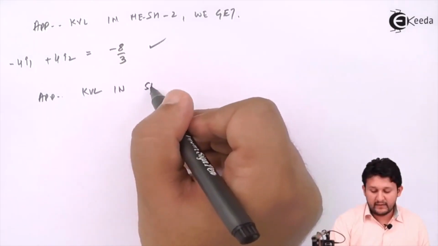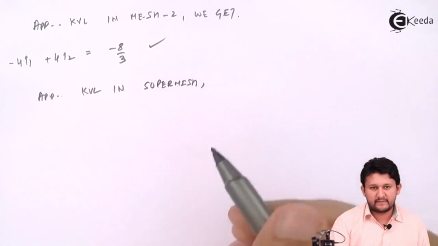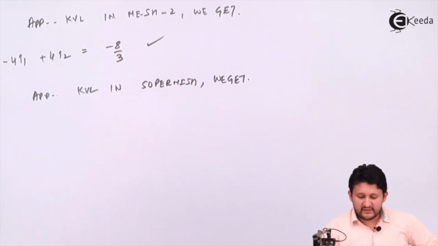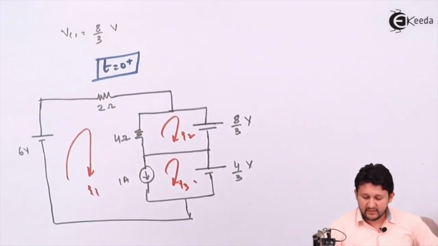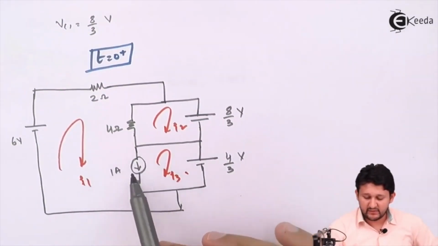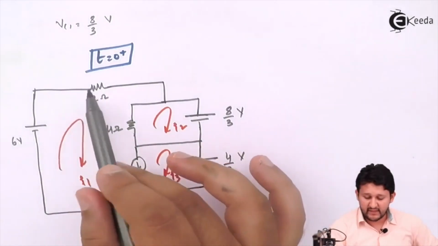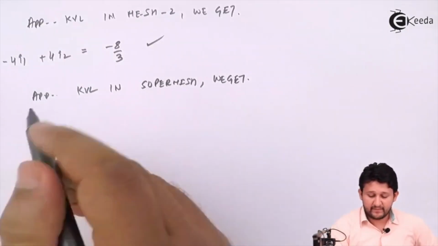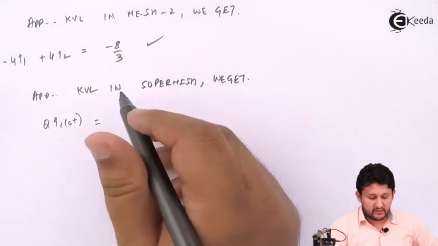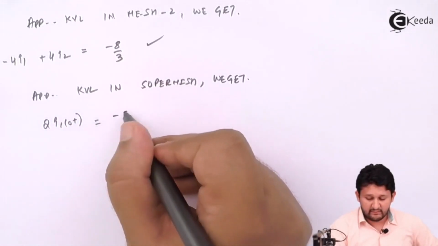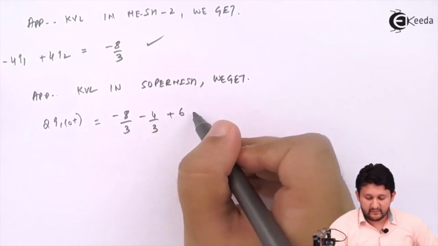Applying KVL in the super mesh. Let's apply the KVL across the super mesh. In this case, this is your resistance, there was a current source, this will be your super mesh condition. So you have only one resistance, so you will be getting 2 I1 of 0 plus equal to, there will be 3 voltage sources, with signs positive, negative, negative, positive.